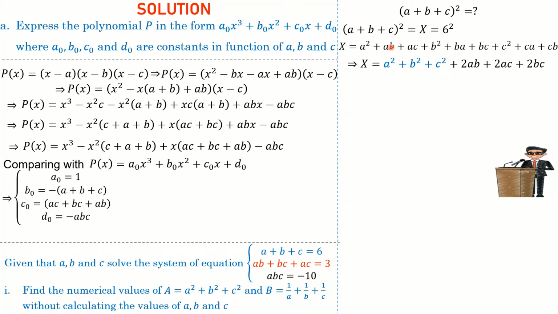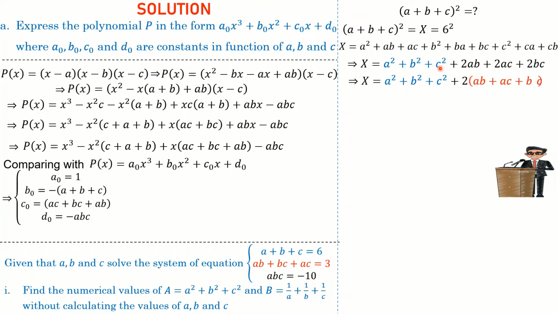Then plus ab plus ba, which is the same as 2ab, because ba is the same as ab. Next, ac plus ca is the same as 2ac. And finally, bc plus cb is the same as 2bc, because cb is equal to bc.